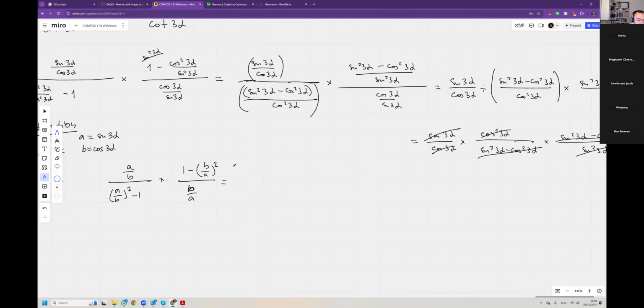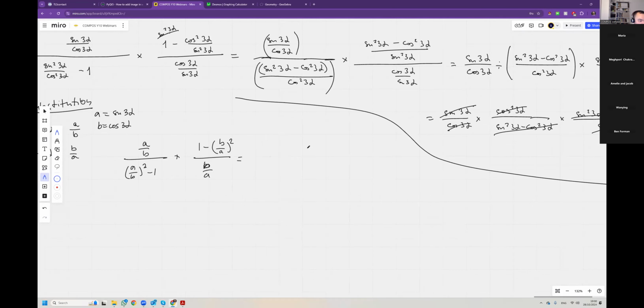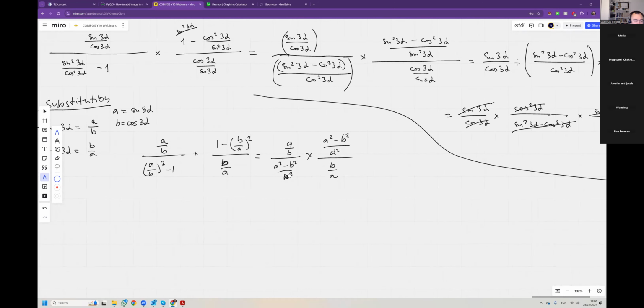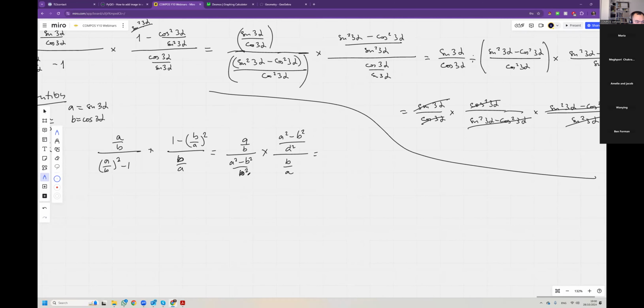And then all you need to do is just play around with this fraction. So A over B over A squared minus B squared over B squared times A squared minus B squared over A squared, and then this B over A. And so then A squared minus B squared cancels, and you're left with A over B A squared divided by B over A B squared.